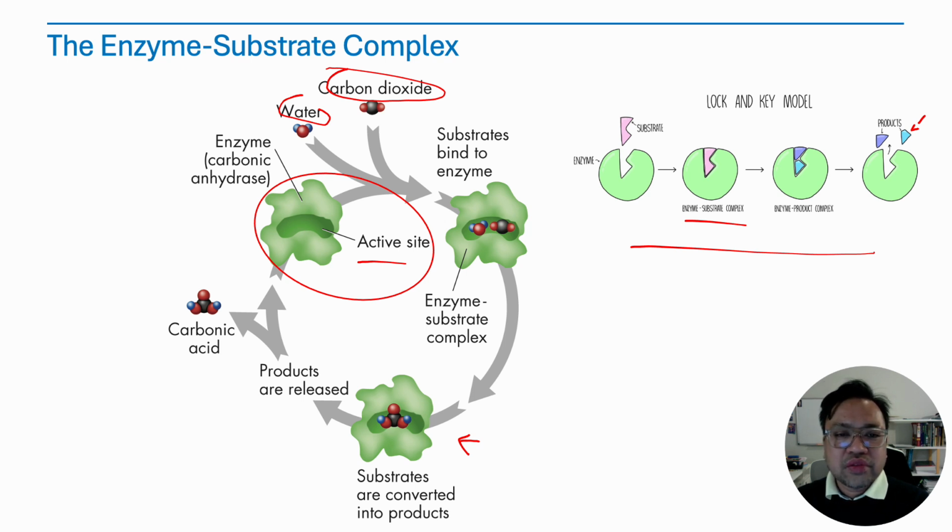And fourth, enzyme specificity, which is that the enzyme only binds to specific substrates due to the unique shape of its active site. In this example, carbonic anhydrase speeds up the conversion of carbon dioxide and water into carbonic acid, demonstrating how enzymes facilitate essential biological reactions.